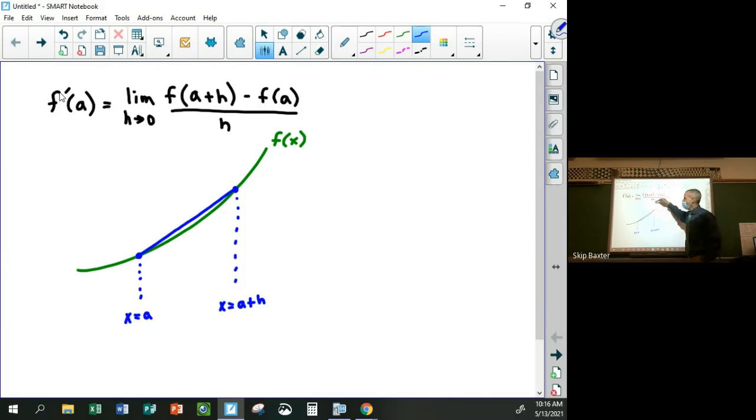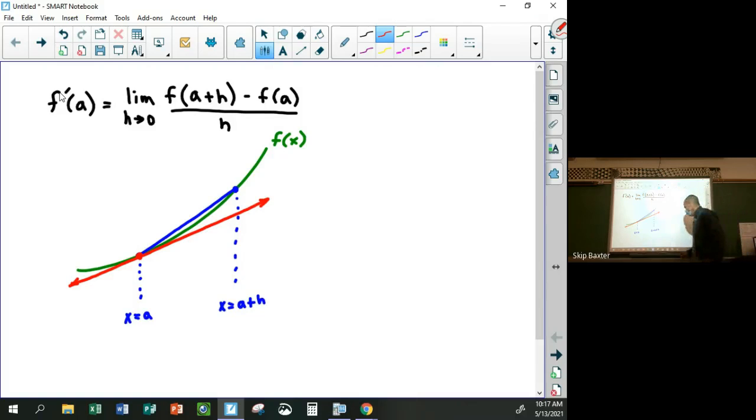The slope of that secant line is an approximation of the slope of the tangent line. If you keep getting closer and closer, you approach the actual slope of the tangent line, which is what you're looking for, and that's what limits are. So that's the graphical representation of what you're doing when you calculate derivatives using that formula.